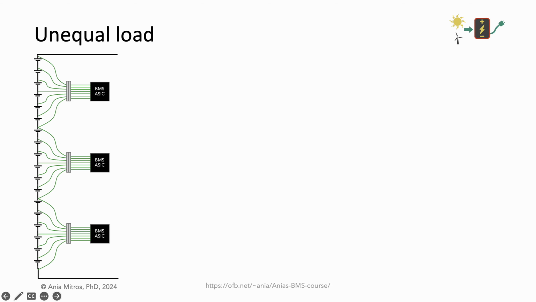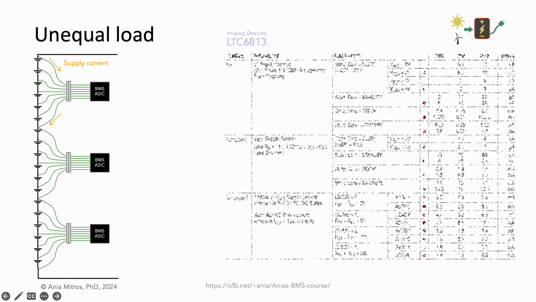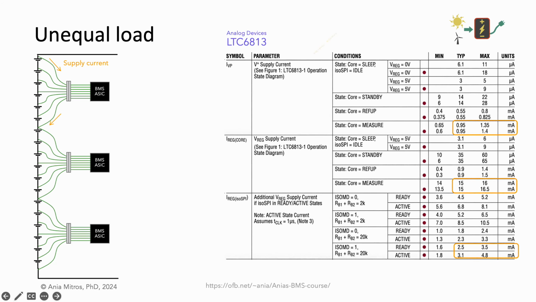Unequal loads can be more significant when multiple chips are involved. Automotive battery packs typically incorporate so many cells in series that a single measurement chip isn't sufficient. In this scenario, mismatch between the chip's supply currents matters. Chip supply currents are much larger than measurement pin currents. For the LTC6813, the total power supply current is the sum of several currents of some milliamps each.